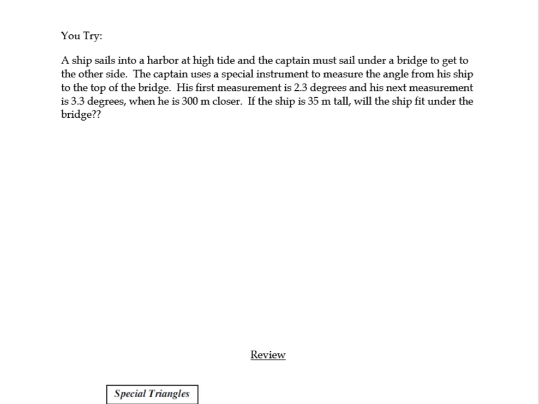Now, we're not going to draw this to scale because those angles are pretty tiny, so we're going to exaggerate this a bit. So we have a bridge, right? And he's on the water. The first time, he measures the angle of elevation to be 2.3.